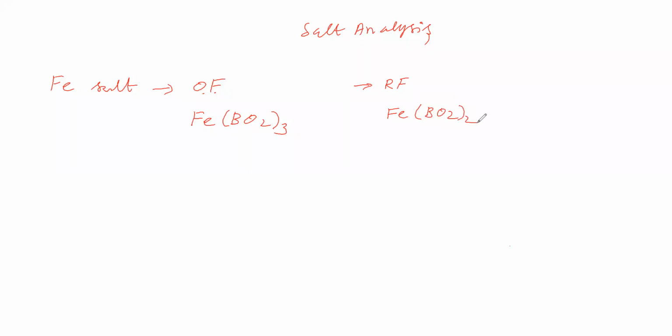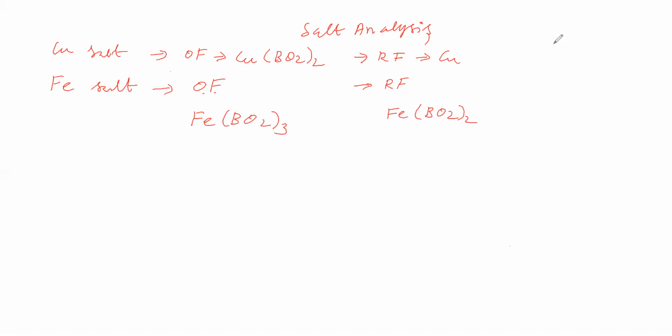But copper salt, we have seen that in the oxidizing flame, copper salt exists in the form of cupric metaborate. In reducing flame, it exists in the form of copper. So iron salt in the oxidizing flame exists as ferric metaborate, in reducing flame as ferrous metaborate.